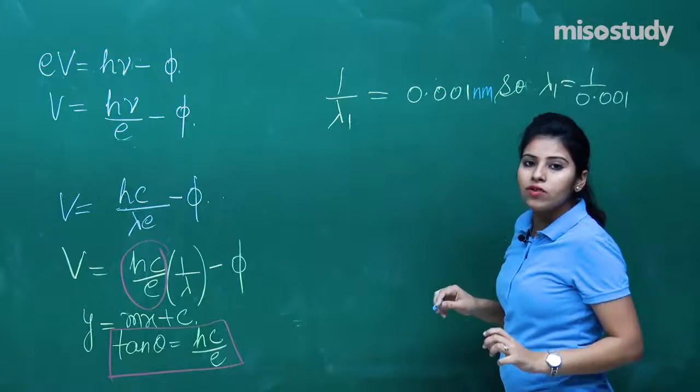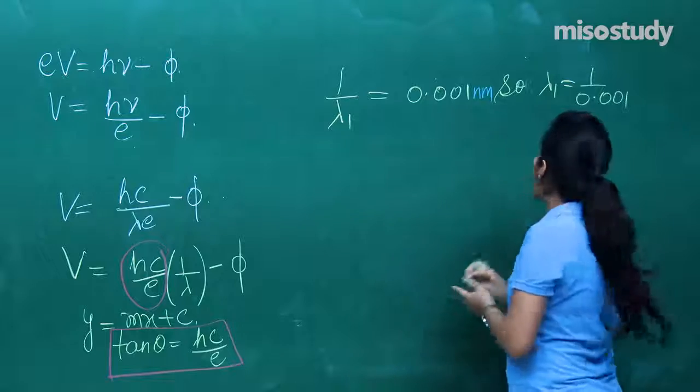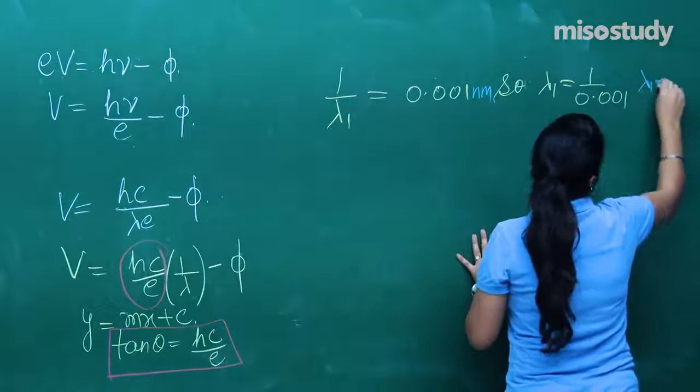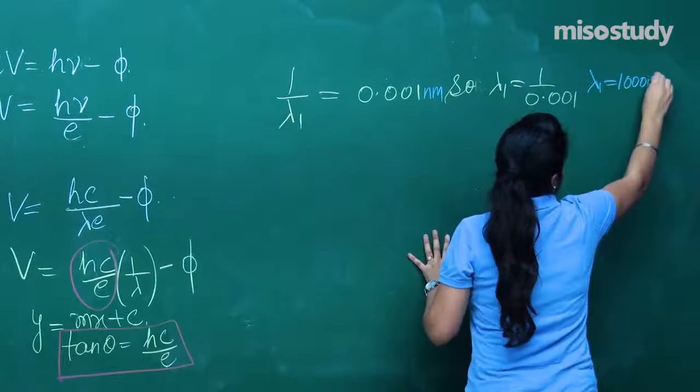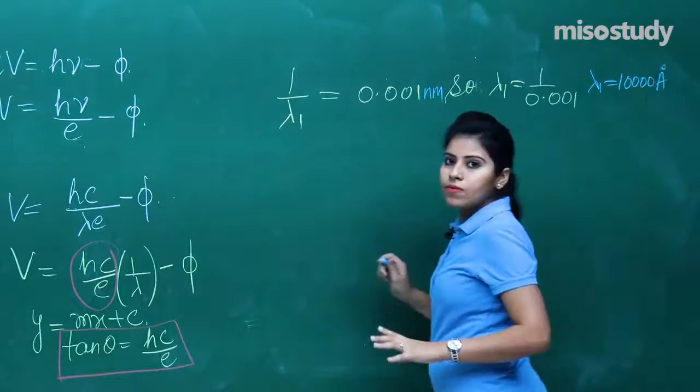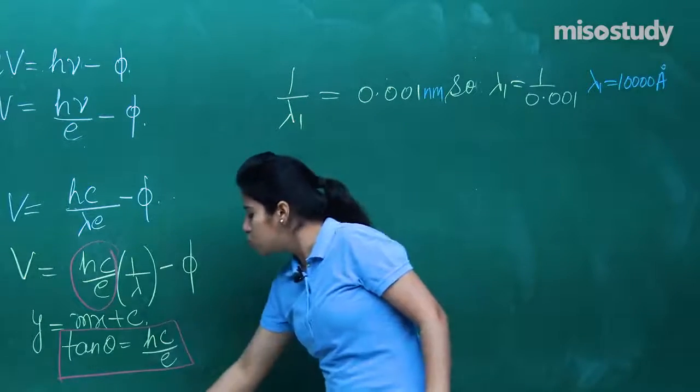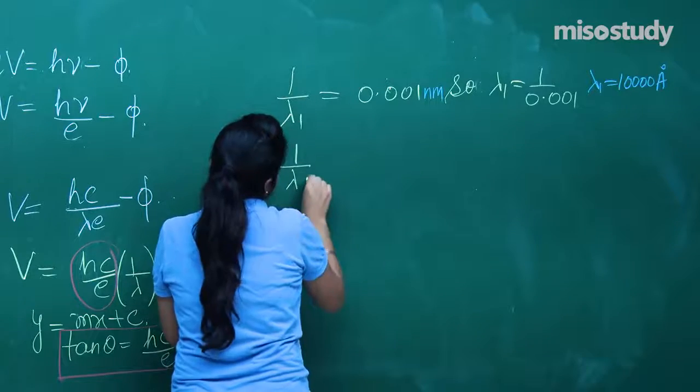So if you convert it to angstrom, you have your lambda 1 as this, right?